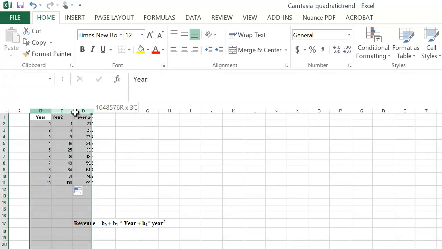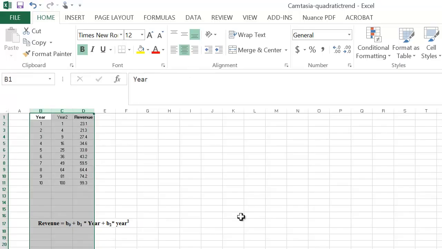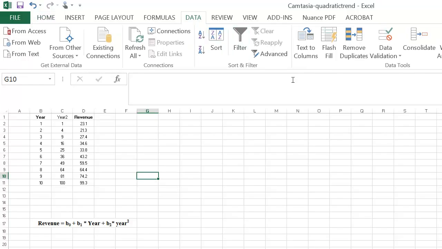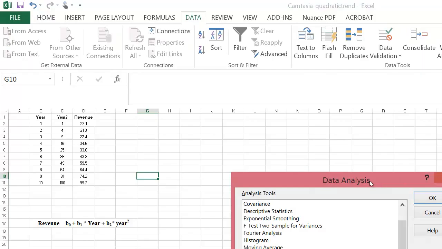So I'm all set with my independent and dependent variables. In order to get the coefficients b0, b1, and b2, I would run a multiple linear regression with the independent variables being year and year squared. So let's do just that and see what we get. So here's data analysis.